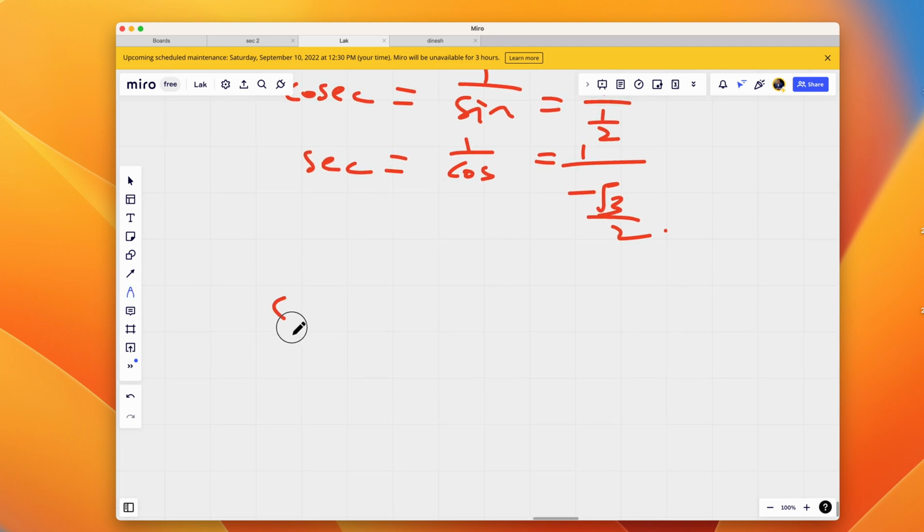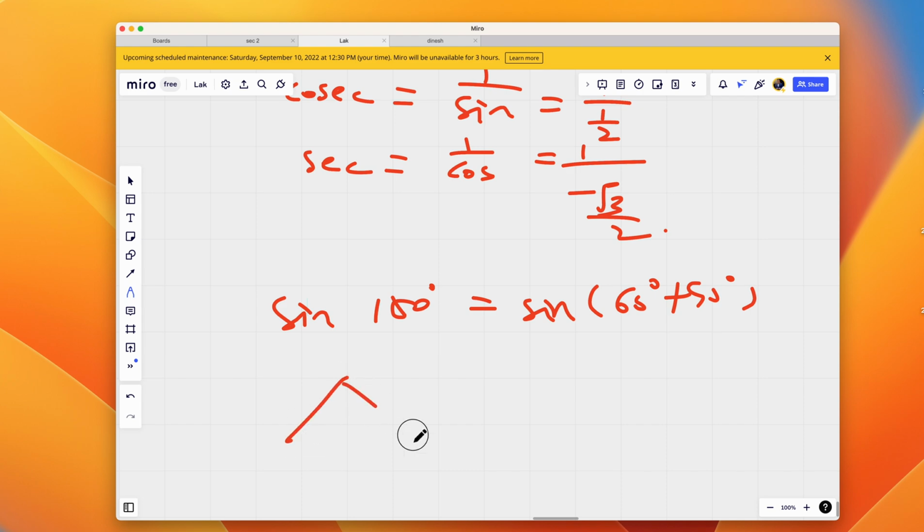So let's say if they give you sine 150, then you need to use the special angle. Do you know how to see whether the angles are special or not? You remember the two triangles I asked you to memorize? One is the isosceles triangle.